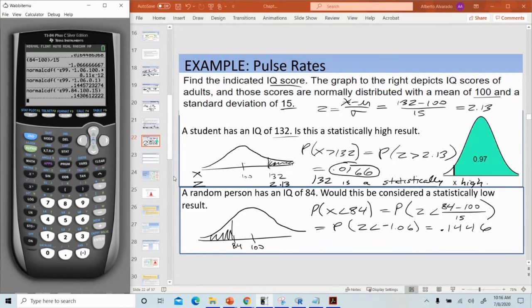What's the reason for that? The reason is we rounded the z-score. It shouldn't be so much of a difference to matter. It's fairly close. That's 14.4%, and this is 14.3%.